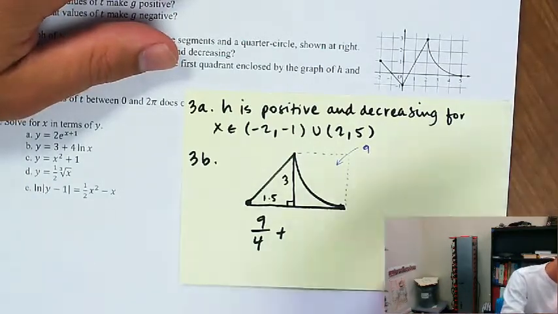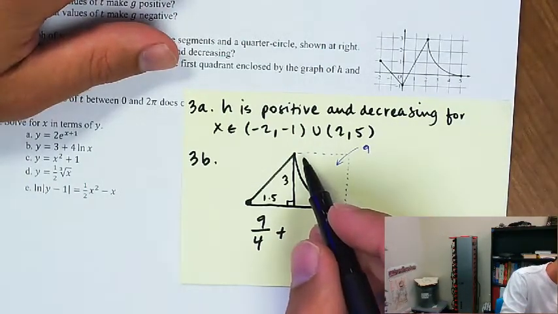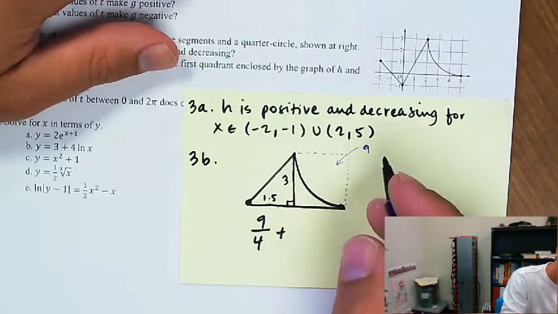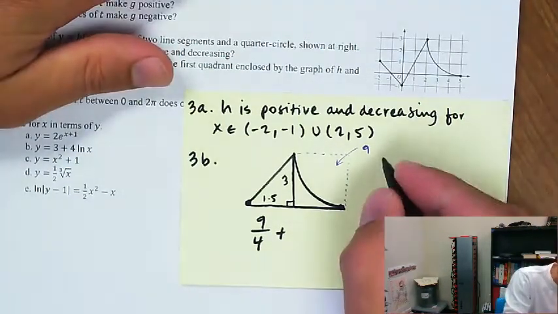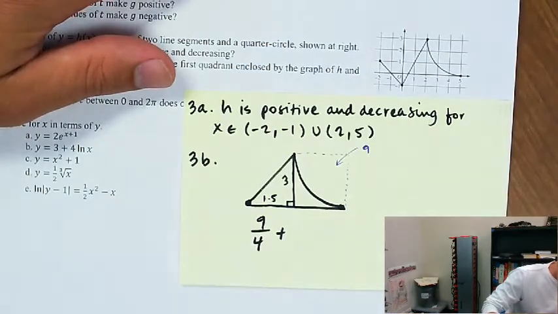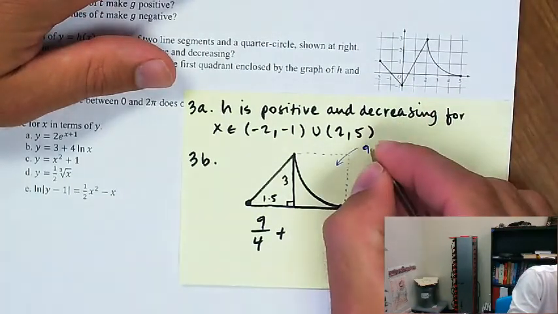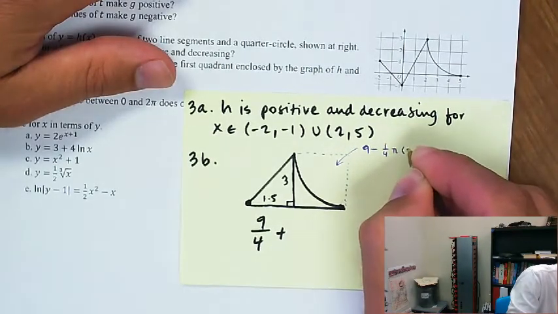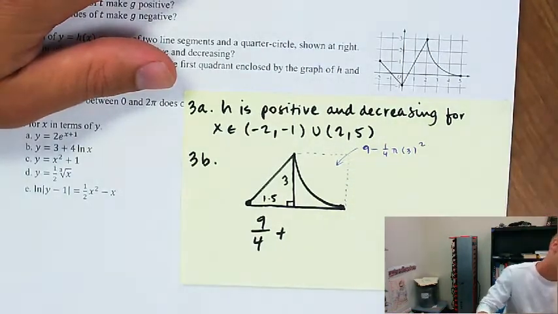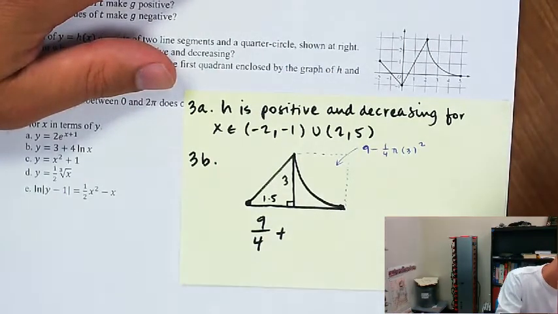Okay. And then the area of the quarter circle is 1/4 of pi r squared. So maybe I'll just say 9 minus 1/4 pi r squared. Okay.